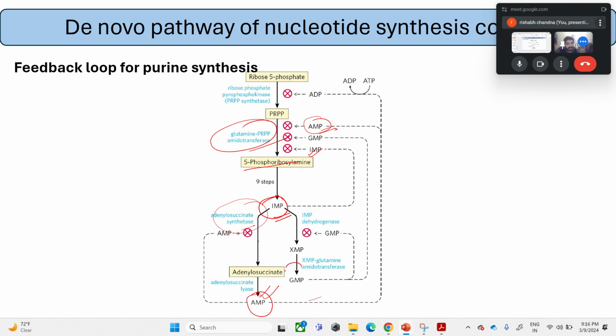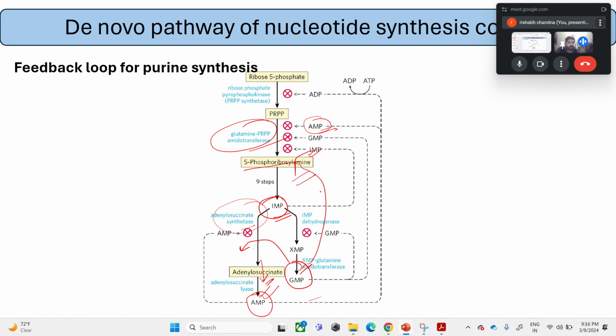And when GMP is high in concentration, it inhibits this particular enzyme, which leads to the reduction in AMP formation and as well as this particular enzyme.